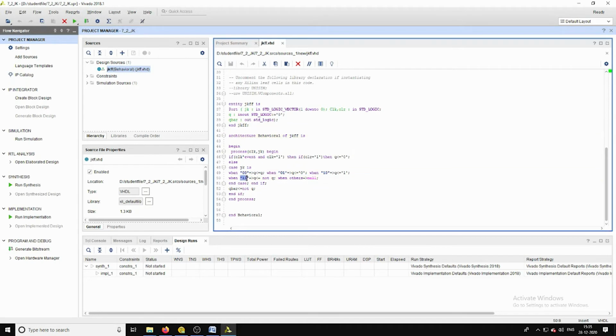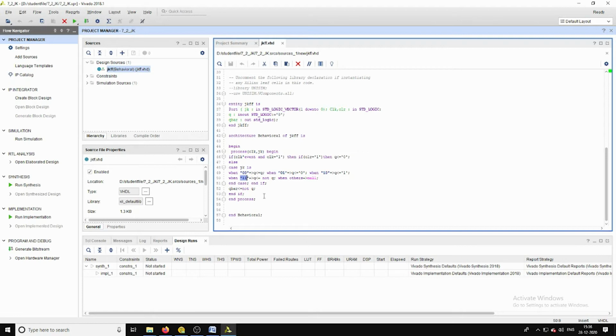See, when the inputs are 1 1, we do get the non-complementary output Q as the toggle value of its same previous value. Remaining cases are similar to that of SR flip-flop.